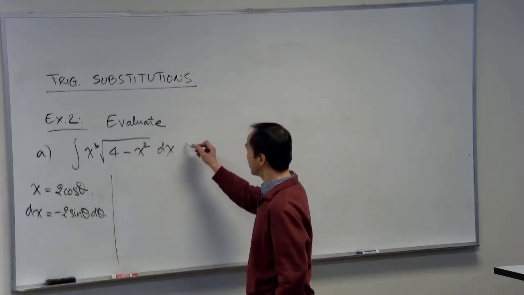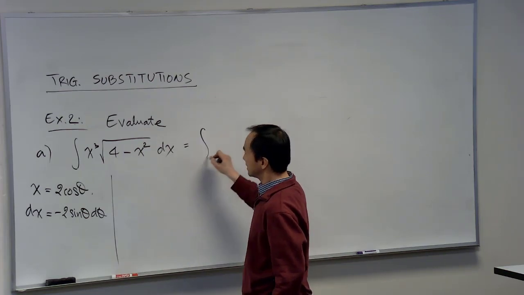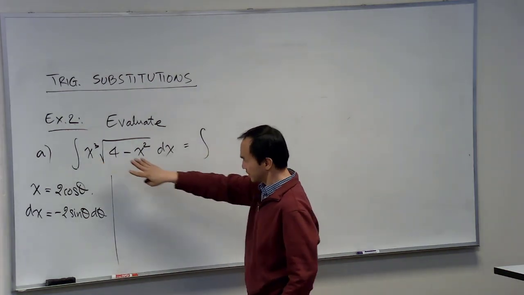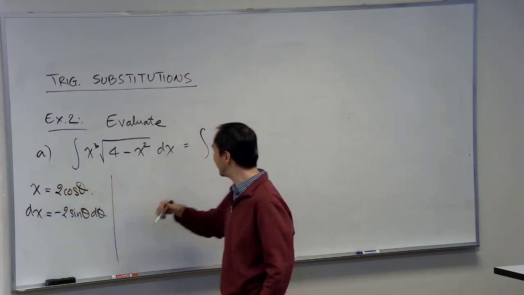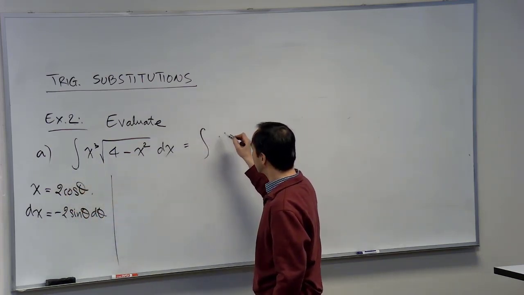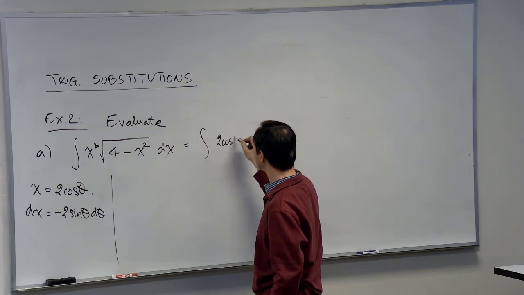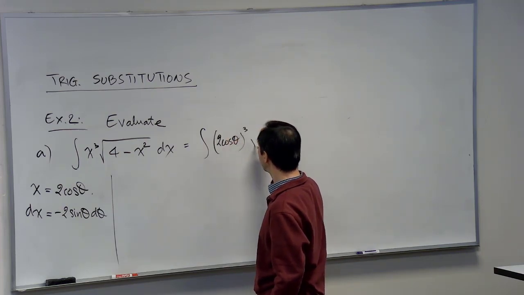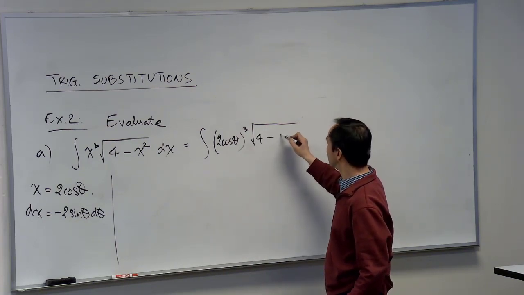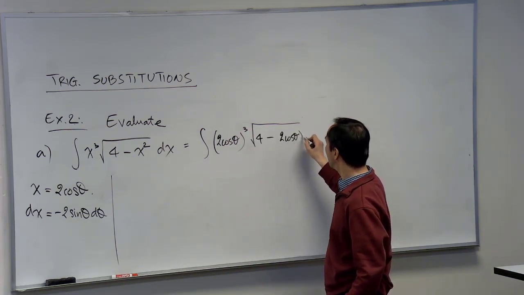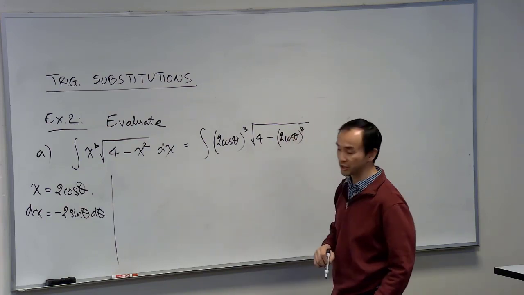Okay, so in this integral, in the next step, the x cubed gets a substitution. The x is substituted by this 2 cosine, so your problem becomes 2 cosine theta all cubed. And then in the square root, we're looking at 4 minus 2 cosine theta all squared. I'm just doing the raw substitution and putting things in.